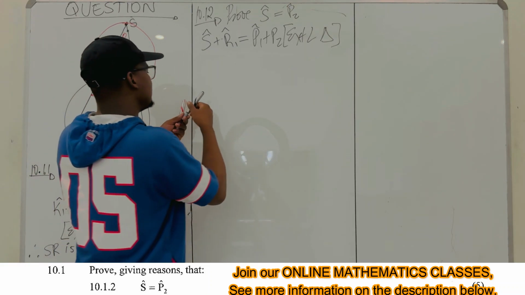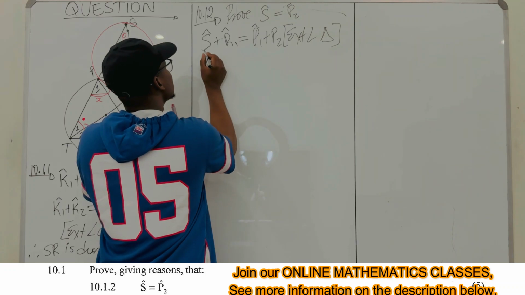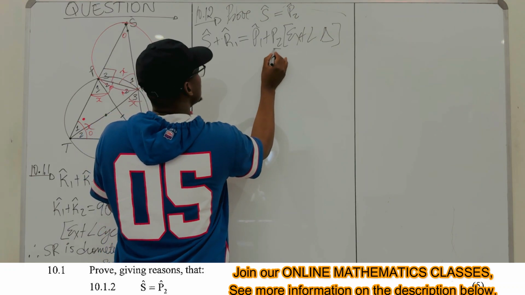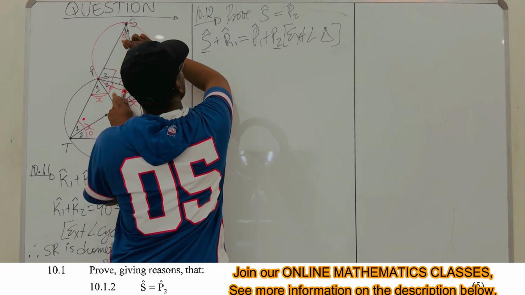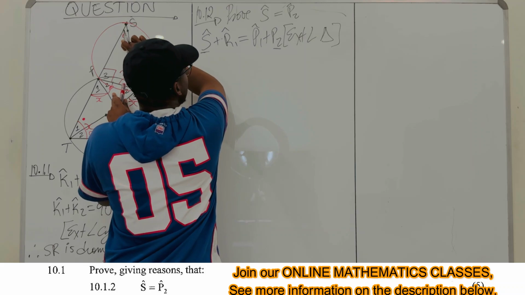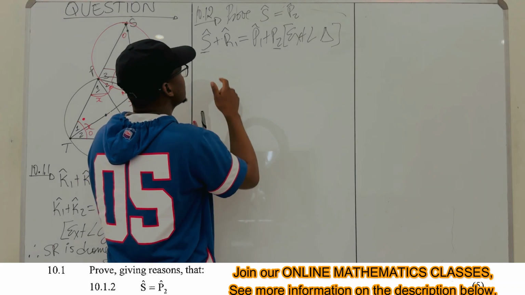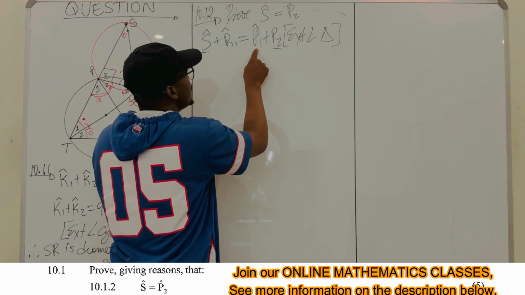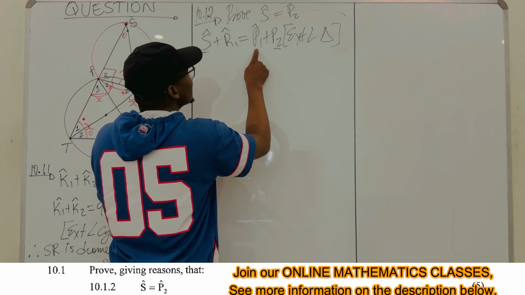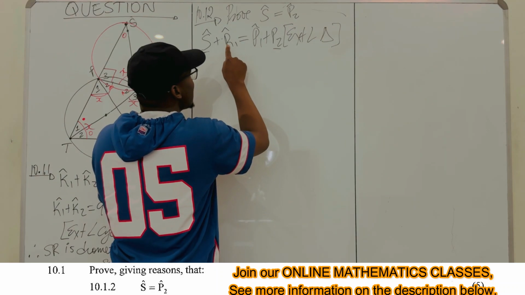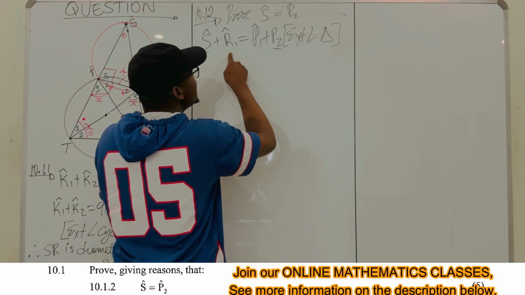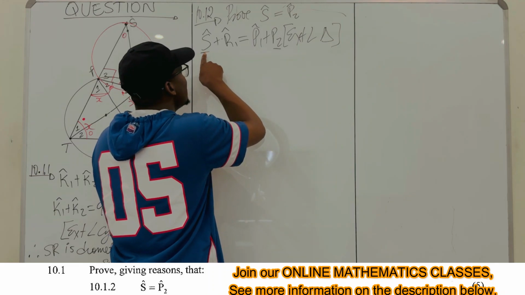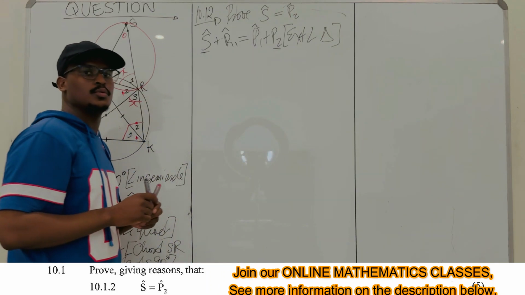Look now, you have at least managed to connect S and P2. These are what you're trying to find. If you can show that R1 and P1 are equal, then these two will cancel out, and you'll be left with S equal to P2.